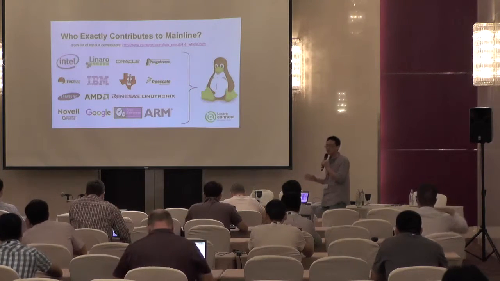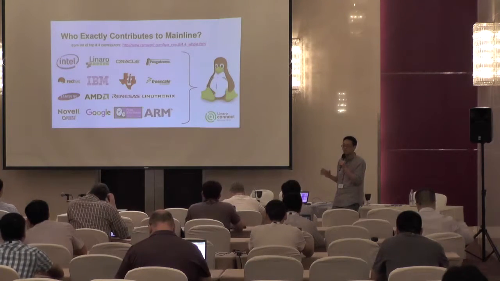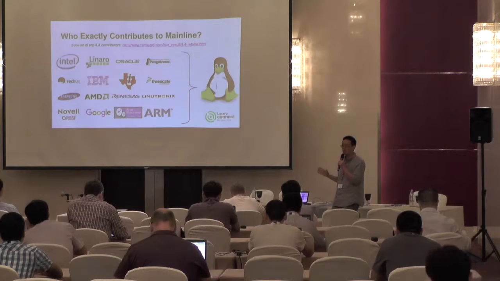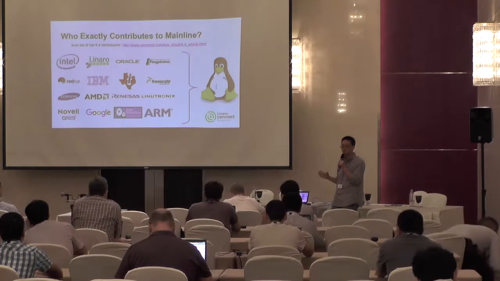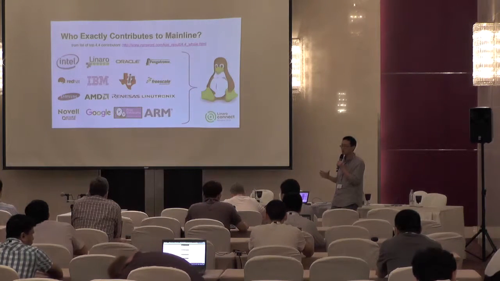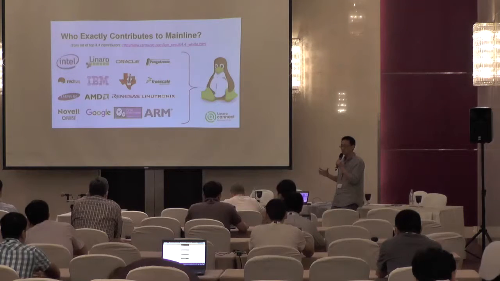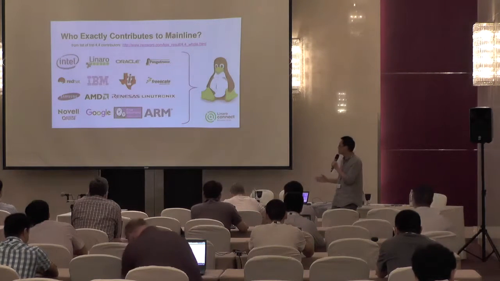Also there are silicon companies. They develop software, but they want to reduce the maintenance cost, so they want to upstream their own code to the mainline kernel. Finally, they can avoid too much maintenance cost.